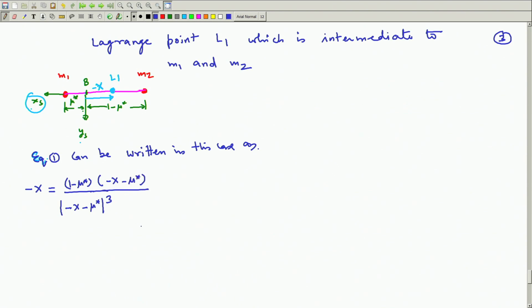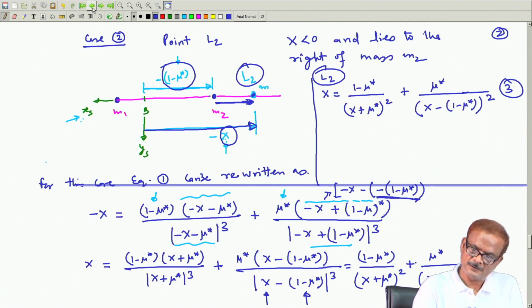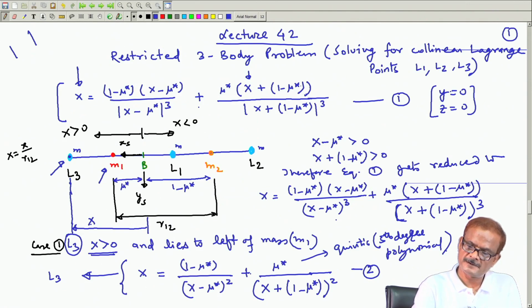So, here there is no change, but the other part we have to be careful. Okay. So, now we have this plus sign. Plus sign I have taken, this part we have to be careful in this particular one.